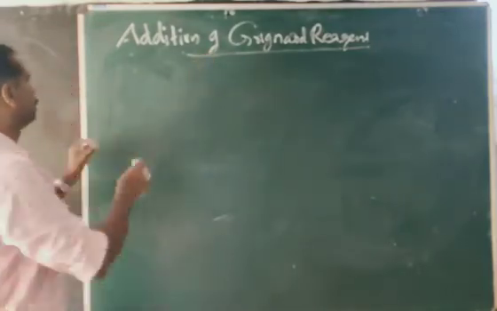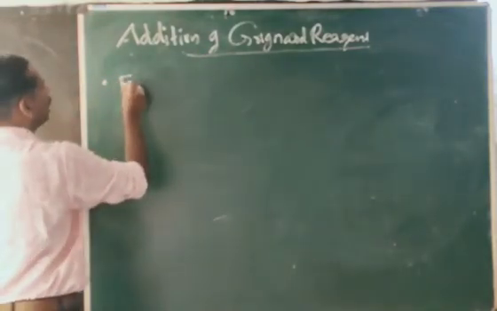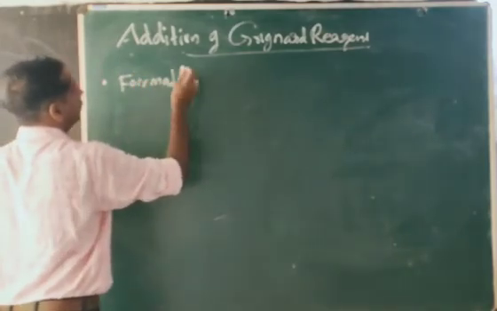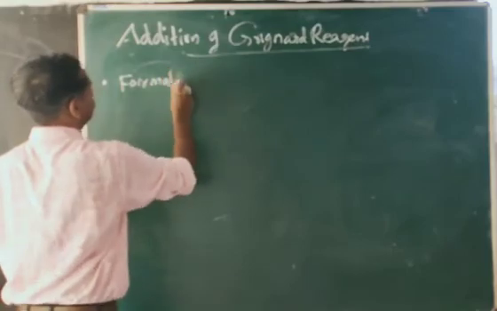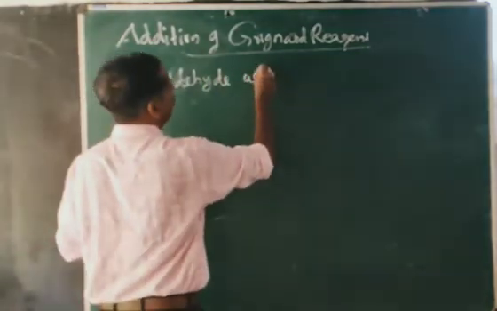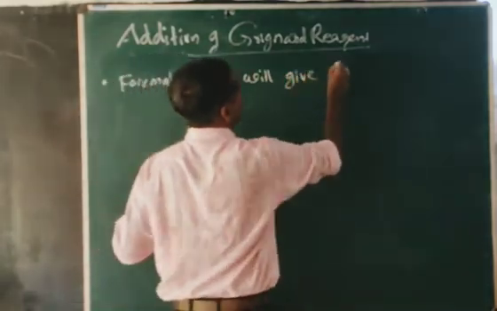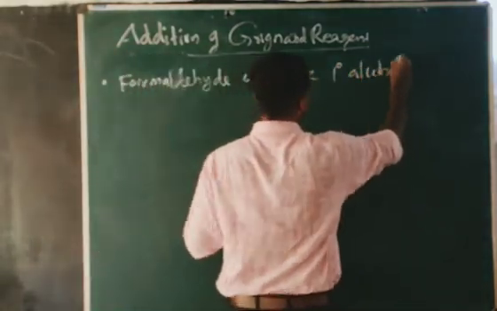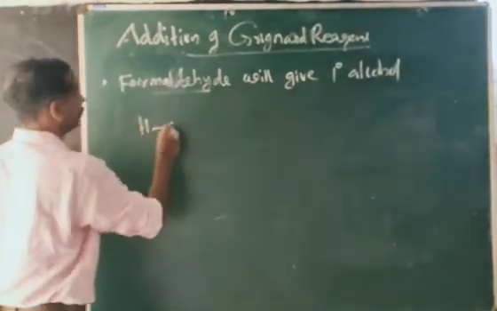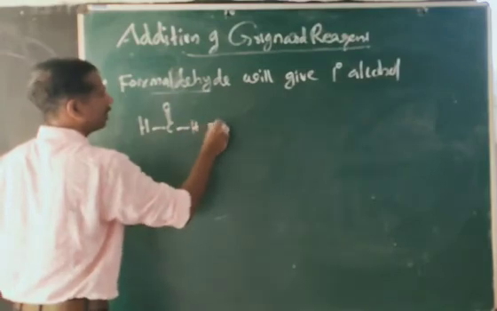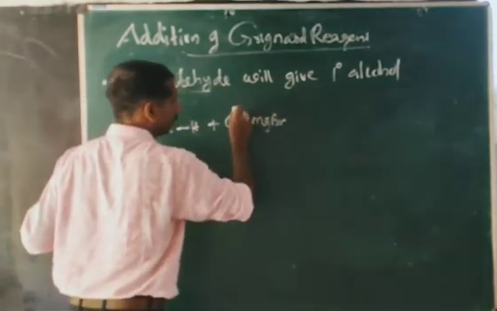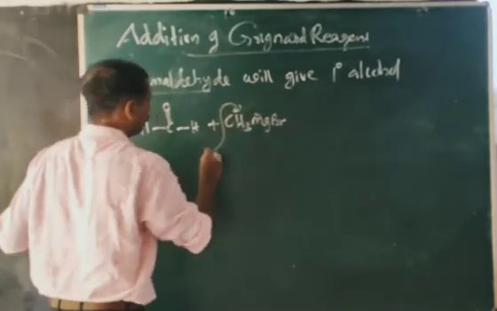Now, what do you mean by that? First one, formaldehyde will give primary alcohol. That means formaldehyde, HCHO, on addition with a Grignard reagent, for example CH3MgBr, CH3 minus and MgBr plus, the negative part is attacking.